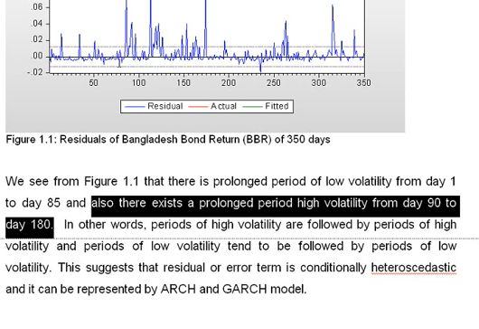Again, you can see from the figure 1.1, there is a high fluctuation from day 90 to day 180. You can see from here the huge fluctuation. This is the fluctuation from day 90 to day 180. That means high fluctuation, high volatility for a long time, right?